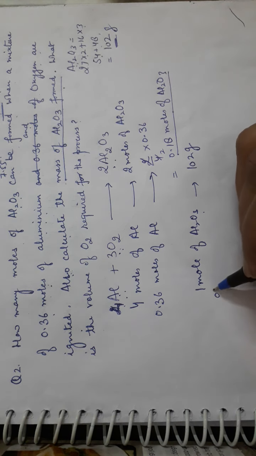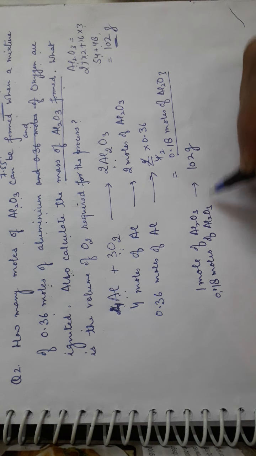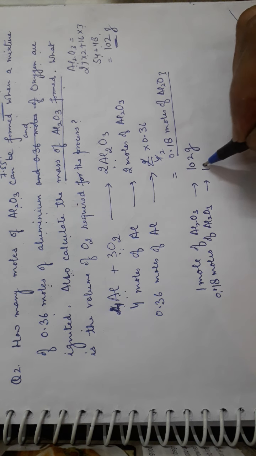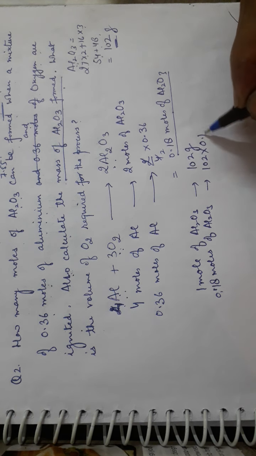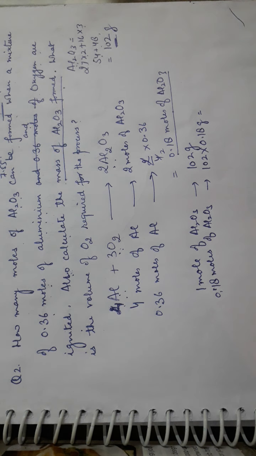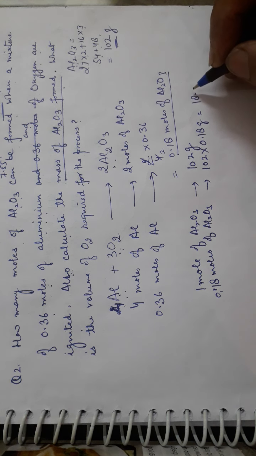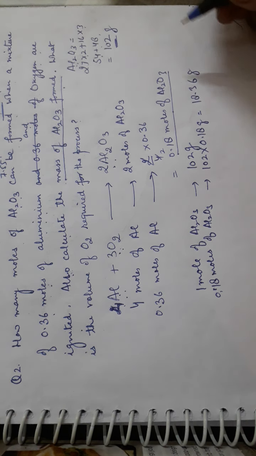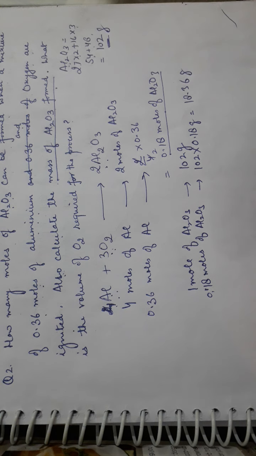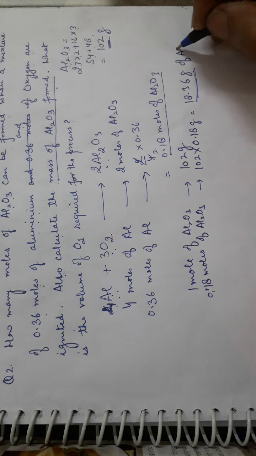We have 0.18 moles of alumina. It will be 102 into 0.18 gram. If you calculate it, it comes out approximately equal to 18.36 gram. This is the mass of alumina.